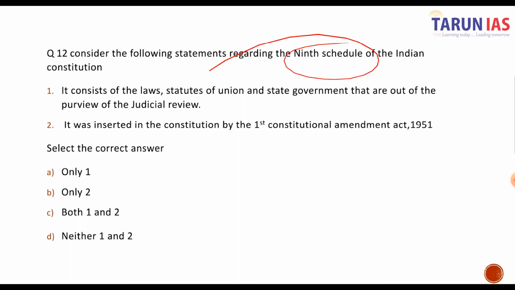The parliament cannot use its limited power to amend the constitution to gain for itself an unlimited power. So this was the judgment, and the doctrine of basic structure evolved.